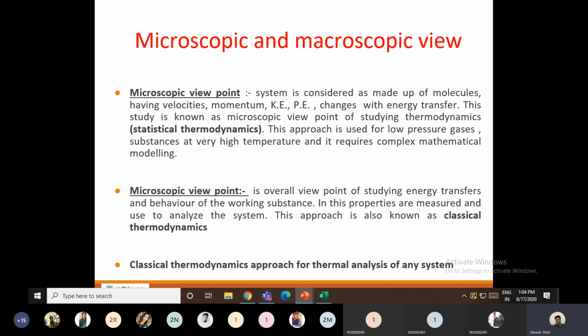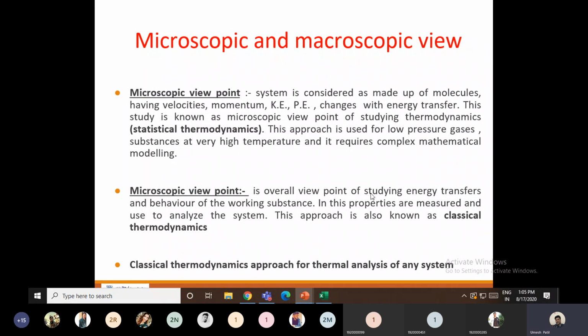But if you see day-to-day life thermal devices such as pressure cookers, refrigerators, motorcycles, then this viewpoint is very difficult to apply to these devices. So the second approach is preferred, and that approach is the macroscopic viewpoint, also called classical thermodynamics.